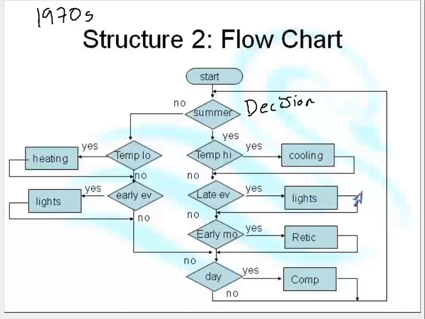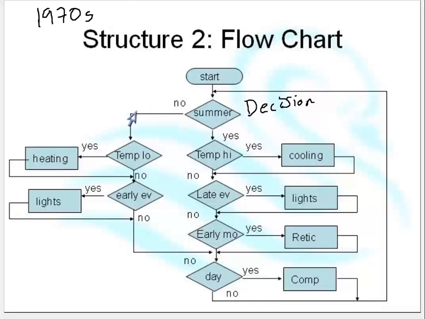Yes, it is. Then turn the lights on and jump over here. Or, no, it isn't, and follow down that line. Is it early morning? Yes, it is. Turn the retic on. Then jump down here, and then jump back to the beginning. And we're back through, going down this decision line.